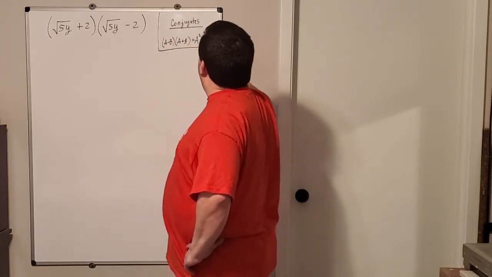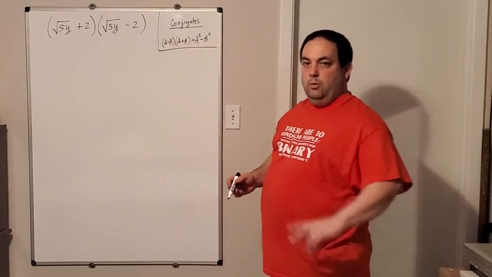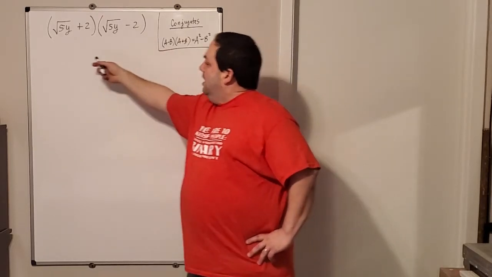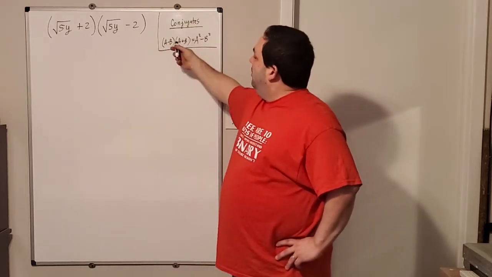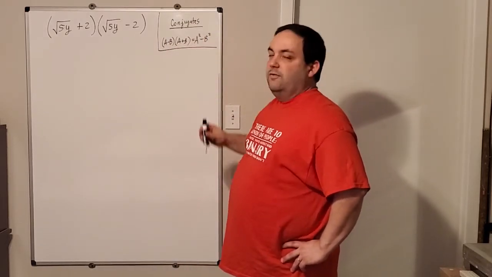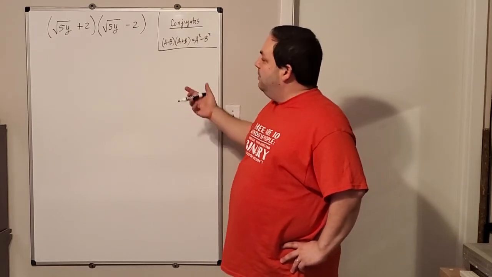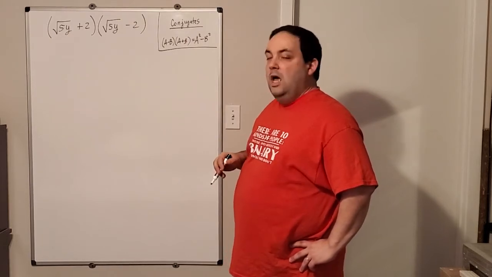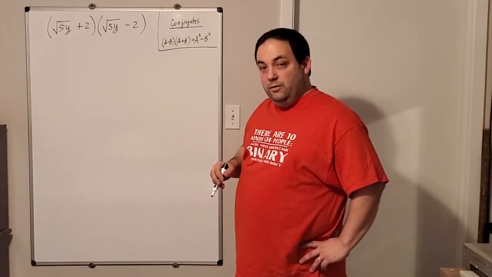A throwback from our factoring sections there. Well, we're going to be doing it in reverse. Now I have the a minus b and the a plus b, and I'm going to be multiplying them out, which is going to give me something like a difference of squares. And this is actually what makes conjugates useful, because you'll notice at the end I won't have any square roots left over.